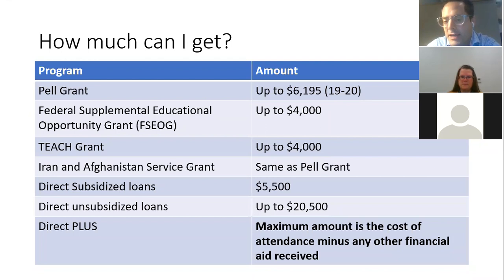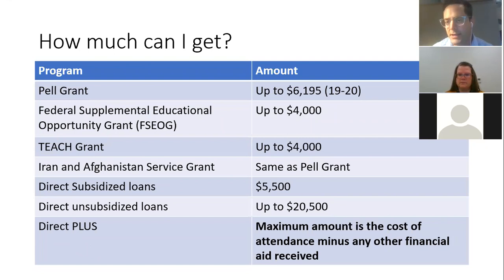Direct unsubsidized loans, it says 20,500, but this is generally if you were an independent student, and we'll get to that here in a second, but most of the people on this call, if you're a first-time freshman and your kid's going off to school, they're going to be a dependent student. We can talk about the criteria for the FAFSA to make your student an independent student, but generally that's not going to be the case for most families. And so this would be rather limited compared to that 20,500. That'd be more if you were an independent student.